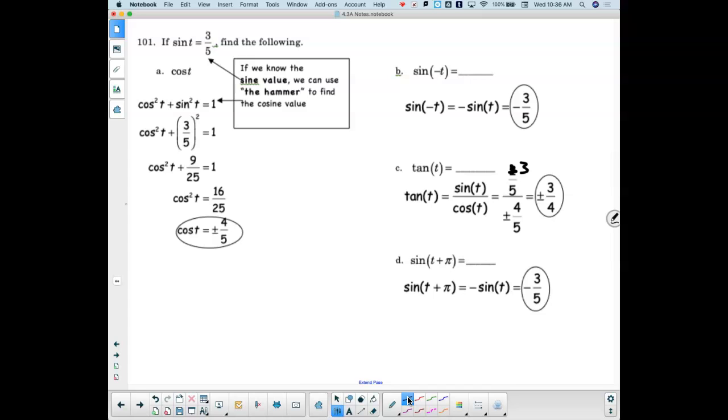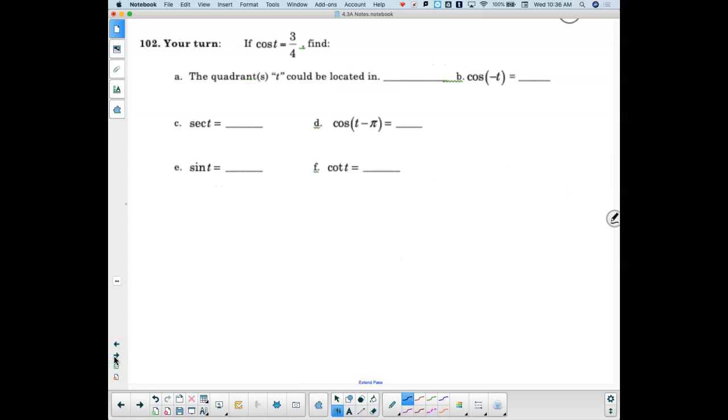So 3/5 divided by plus or minus 4/5 is 3/5 times 5/4, which is 3/4, and because it's plus or minus on the bottom, it becomes plus or minus 3/4. Sine of t plus pi is the same as negative sine of t, so that becomes negative 3/5. Okay, so now we've walked through that one.